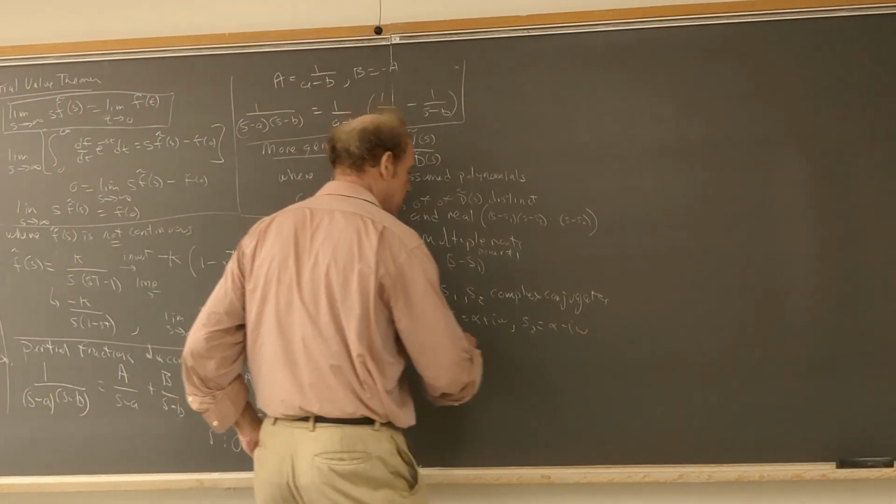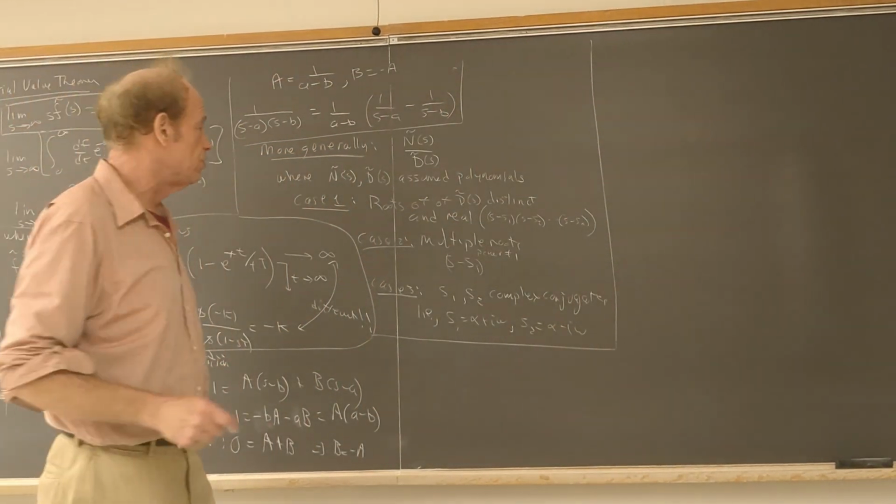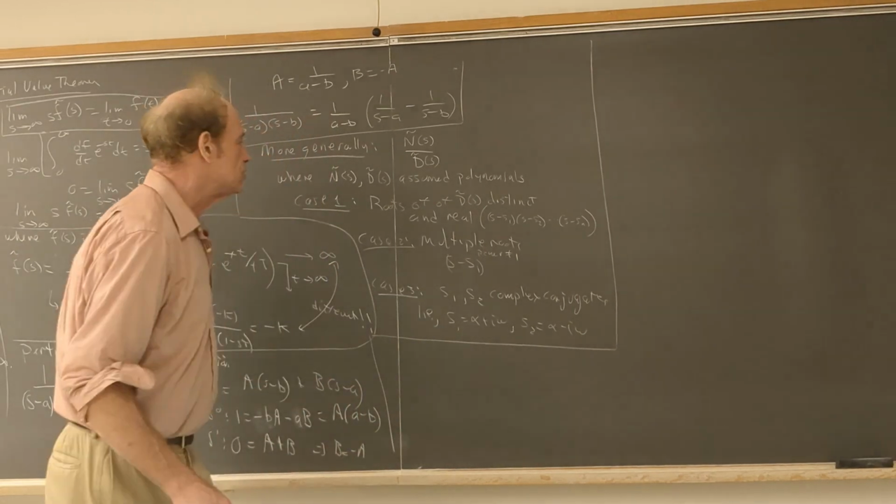So what I'm going to do now, I obviously won't get through all of them today, because I only have like 15 minutes or so, but I can certainly do the first one. So let's do case 1.